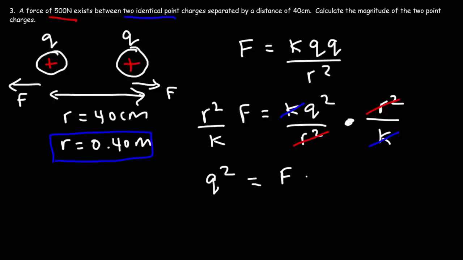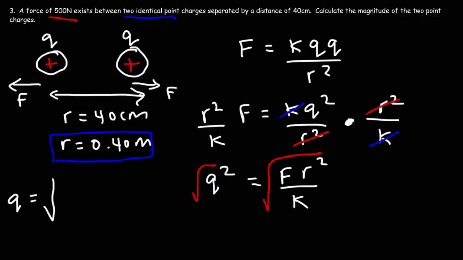Q squared is equal to F times R squared over K. Now to get Q, we need to take the square root of both sides. So for this particular problem, because the 2 charges are identical, we can calculate Q using this formula. It's going to be equal to the square root of the force times the square of the distance divided by K.